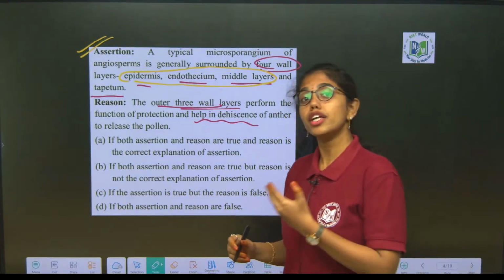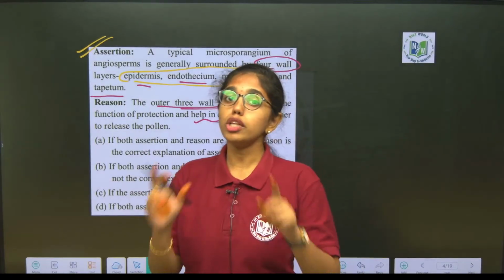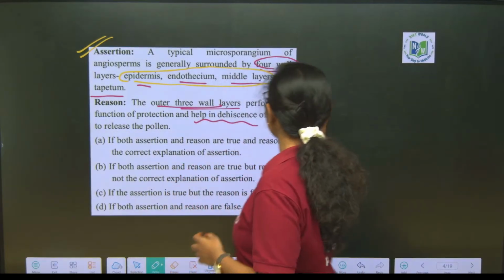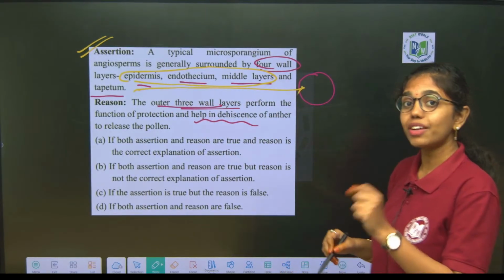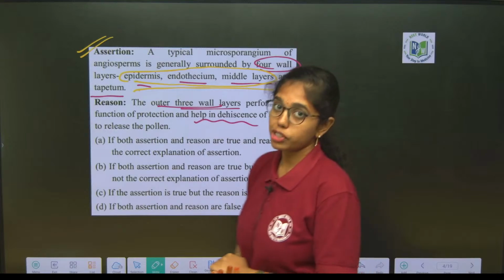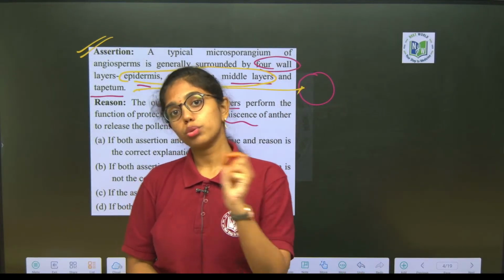It provides nutrition to the sporogenous tissue inside and helps in the maturation of microspore to the pollen grain.